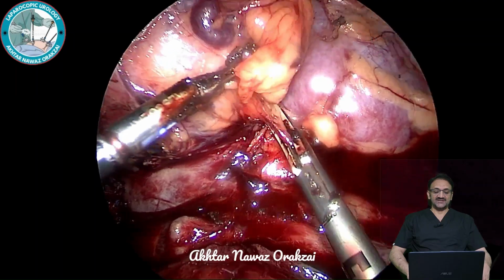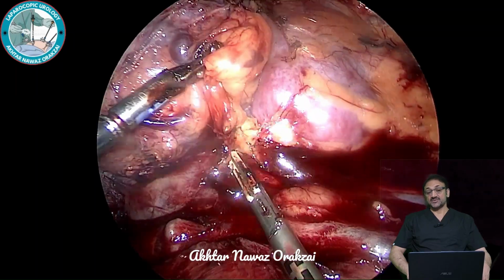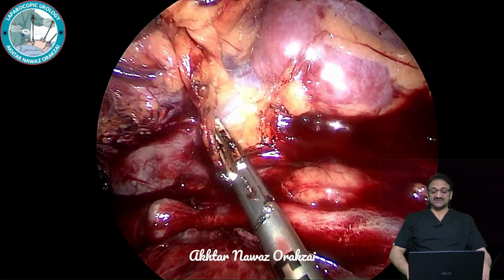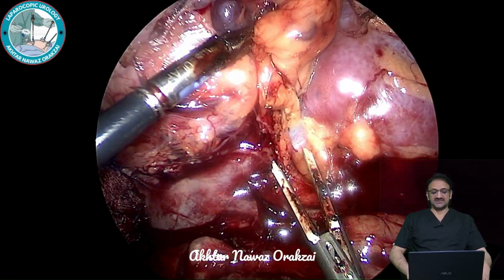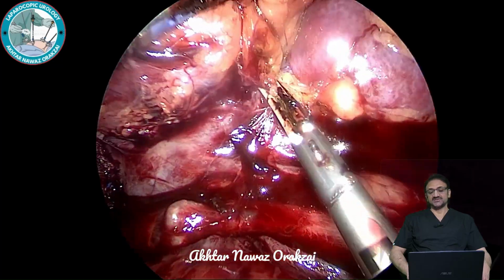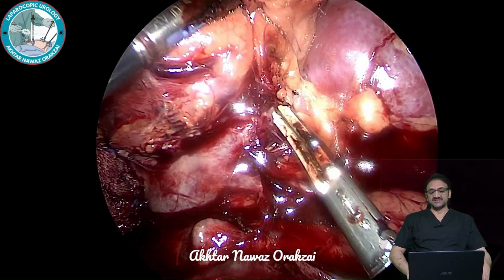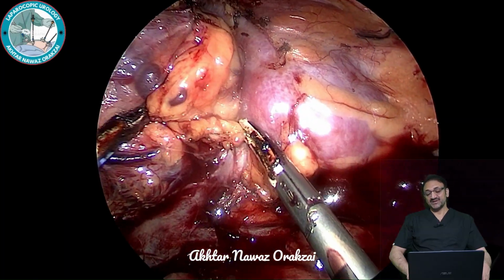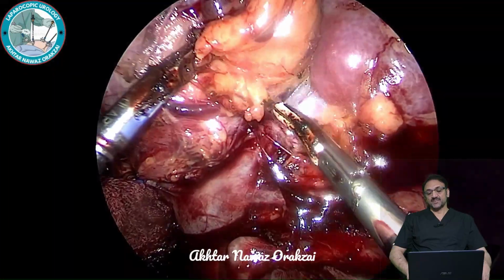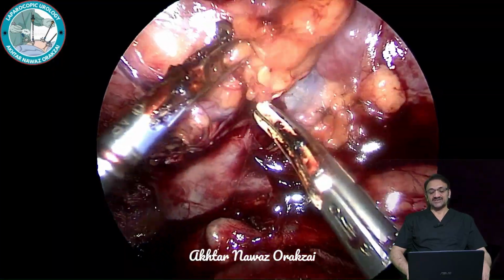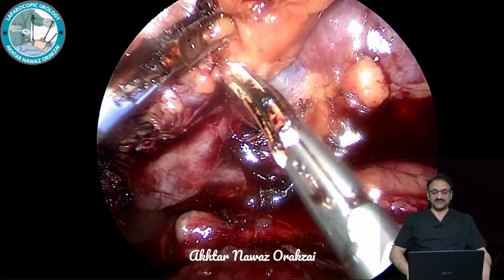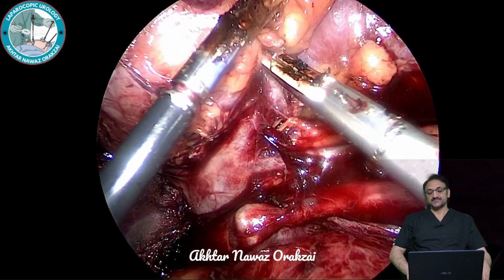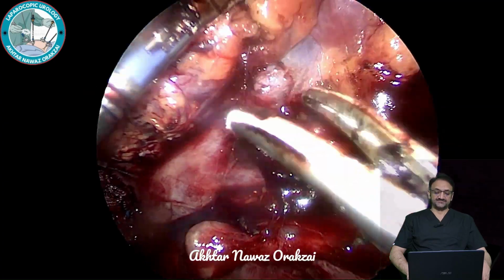That way, by the end of the procedure when I clip the adrenal vein, there is going to be a lot of congestion in the neovascularization, which may lead to rupture of these veins, or at least a lot of ooze from the gland. So that when I clip the vein, I have mobilized all of the gland so that it can be dealt with quickly. Here you can see the field is becoming red already, so I have to move quickly.